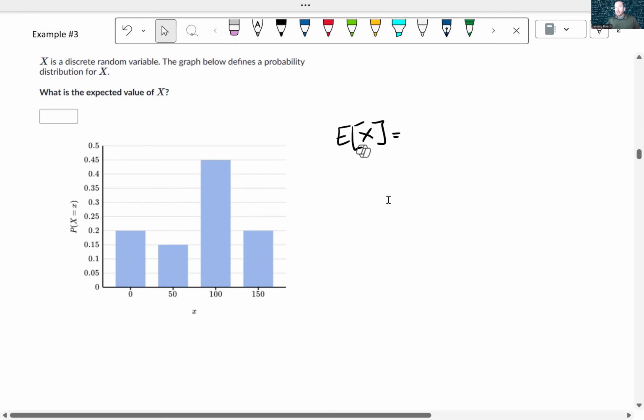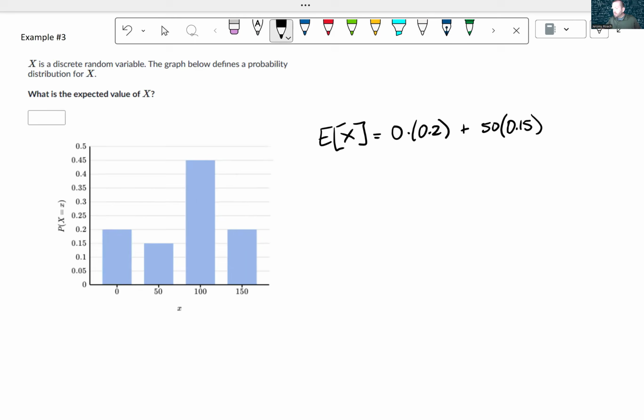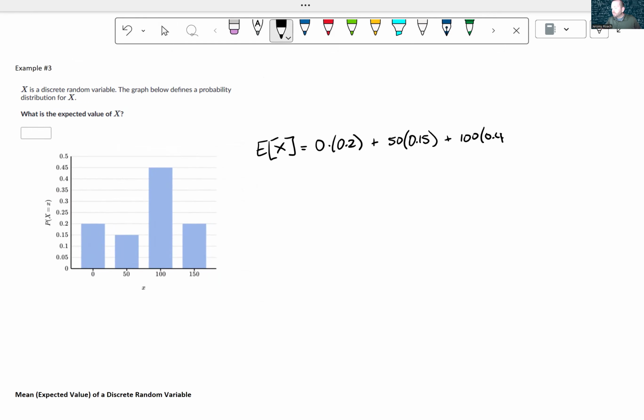So when X is 0, there's a 0.2 or 20% chance that we get a 0. When it's 50, there is a 15% chance that it's 50. And we'll zoom out here so we can do the rest of these. Maybe 100 times 0.45 plus 150 times 0.2.